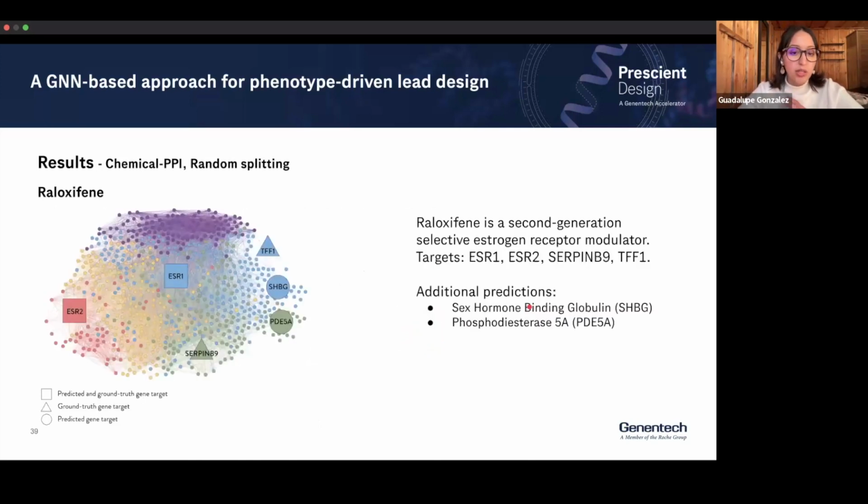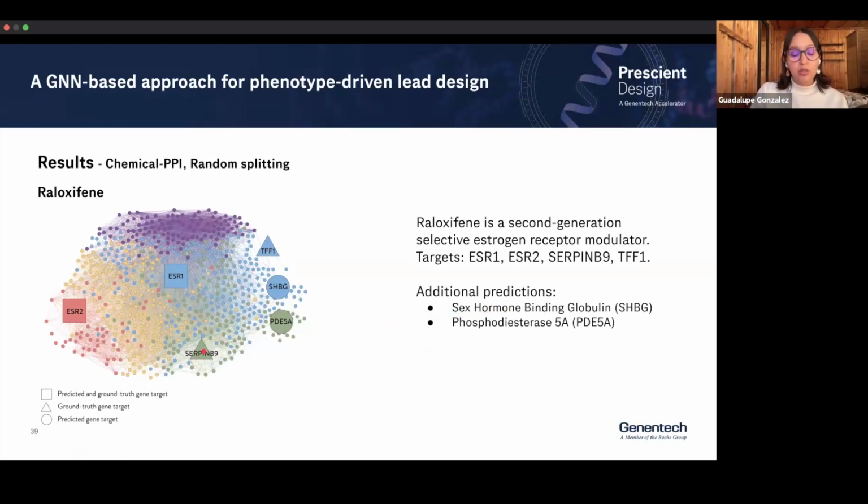When we look a little bit closer into the predictions for raloxifene, which is a second generation selective estrogen receptor modulator, here we show in squares the targets that were correctly predicted, so the estrogen receptors 1 and 2. The triangles are the targets that PDGrapher didn't pick up, and the circles are the targets that it predicted instead of the triangles.